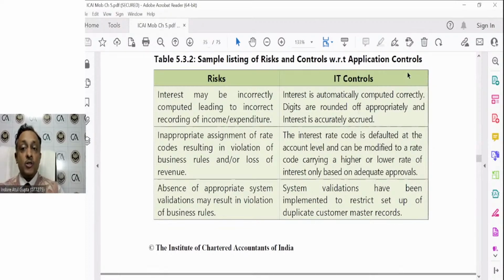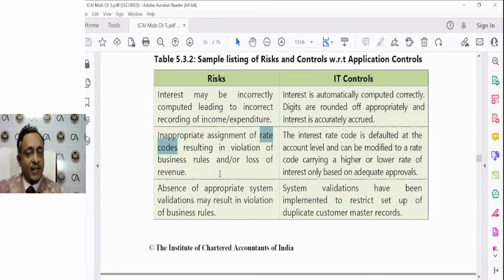Now please understand, these are some technical words which are predefined in the banking system. When I say rate code, what I mean is this. Bank gives loans, so there are advances which are called cash credit loan, we talked about it, then term loan. Based on the nature of the loan, the bank system has a rate code saying this loan has this rate of interest.